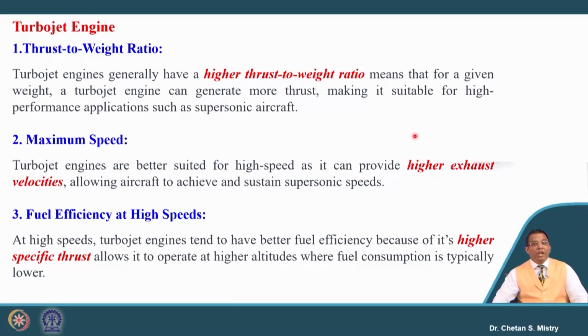Fuel economy and high speed are the major attractions of this turbojet engine. If we recall, we discussed the terminology called specific thrust. The specific thrust for turbojet engines is higher, particularly at higher altitude where the fuel consumption is comparatively low.